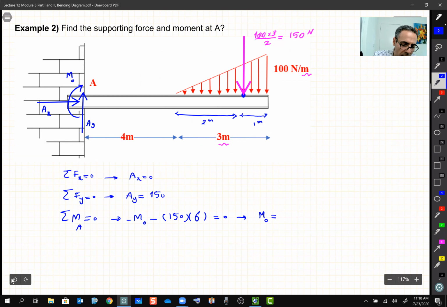M0 is going to be minus 900 Newton meter. So if it is minus, it means the reaction at the support is in the opposite direction, which makes sense, right? If you put this load there, the bending must be in the opposite direction.